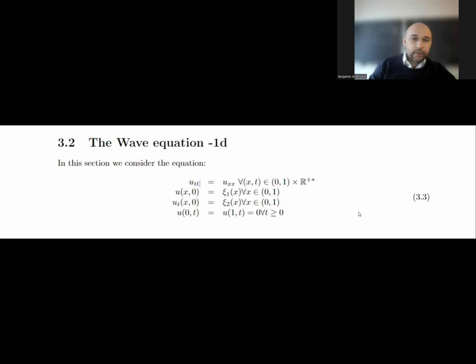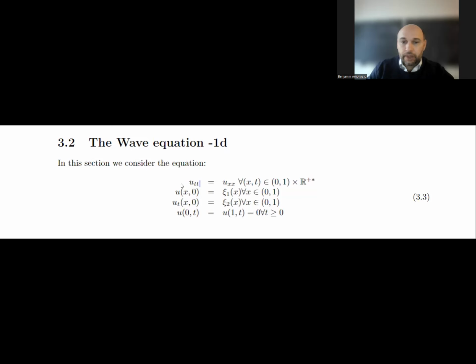So today we are considering the wave equation, the one-dimensional wave equation. The equation writes the second derivative with respect to t equals the second derivative with respect to x.